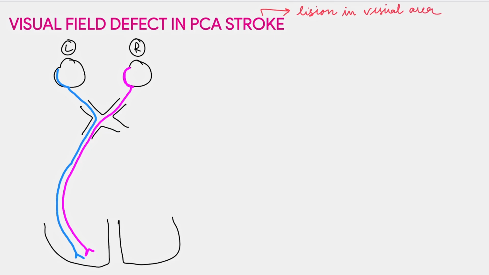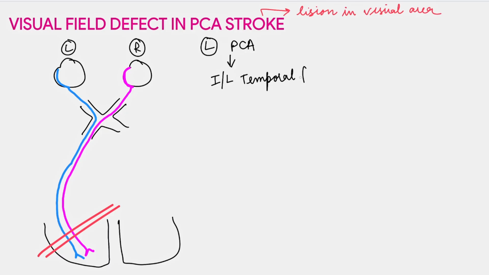So the lesion would be here. Just for simplicity, let's assume there's a left-sided PCA stroke. What is affected? Here, it would be ipsilateral temporal fibers plus contralateral nasal fibers.